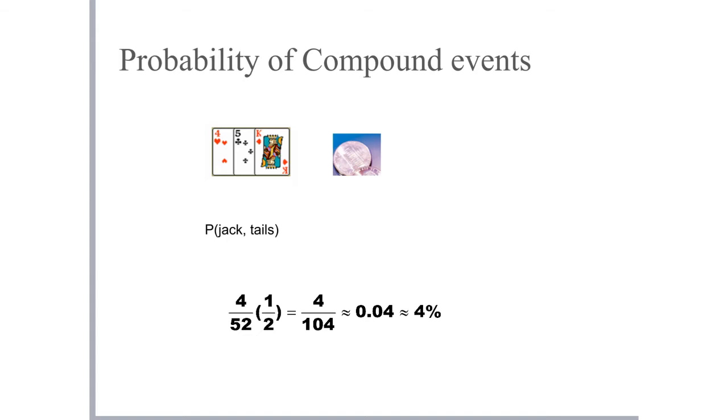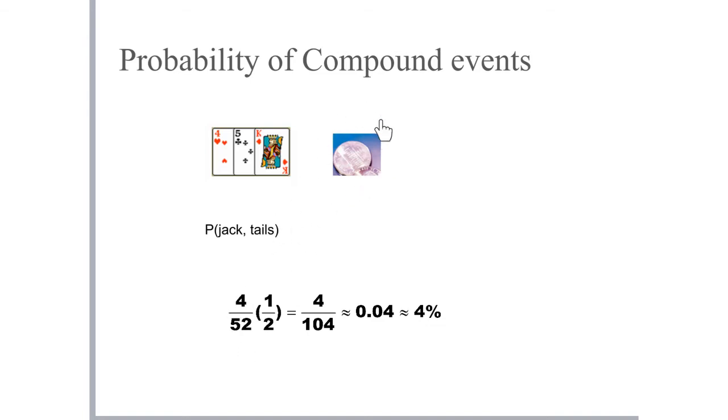What would be the probability of pulling a jack out of a deck of cards and flipping a tails with a coin? In this case, it looks like a penny. Well, we have 52 cards here, and only 4 are jacks out of the 52. So that gives us 4 out of 52.